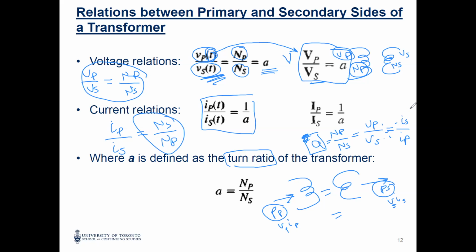So this equation is important. Voltage in the primary over voltage in the secondary equals NP over NS, which is the turns ratio A, which is inverse to the current in the primary over current in the secondary.